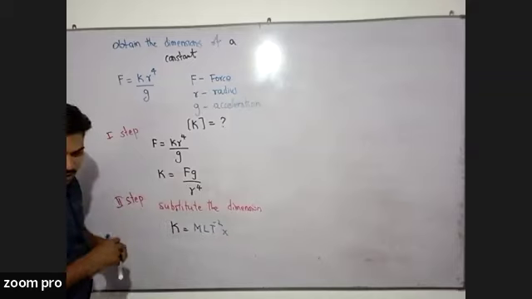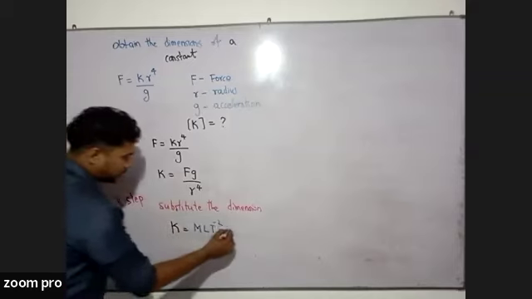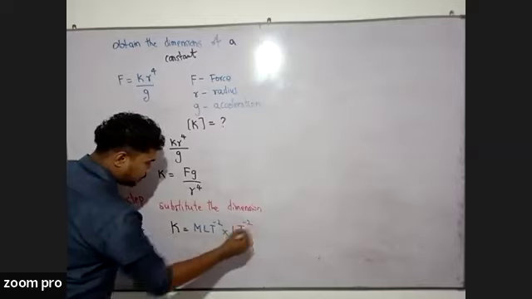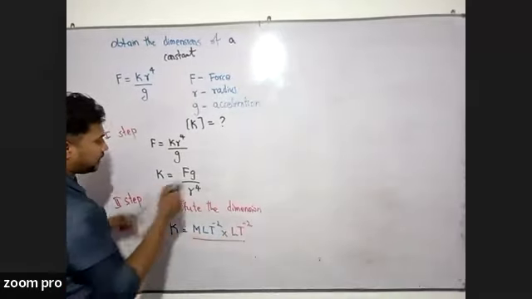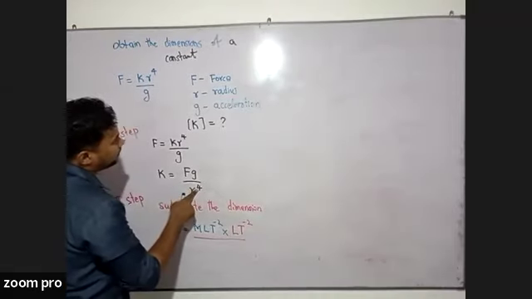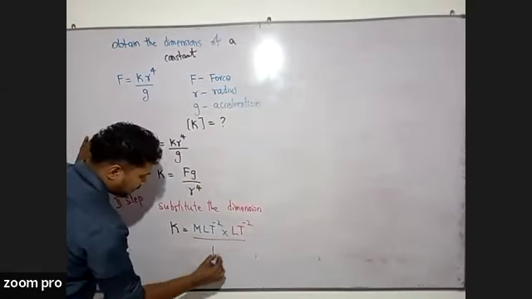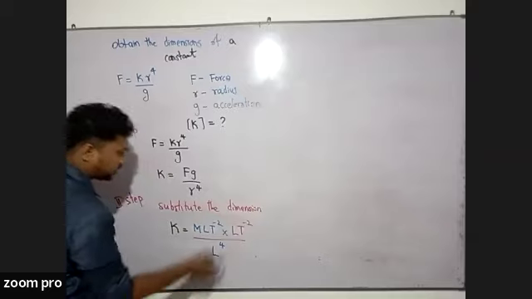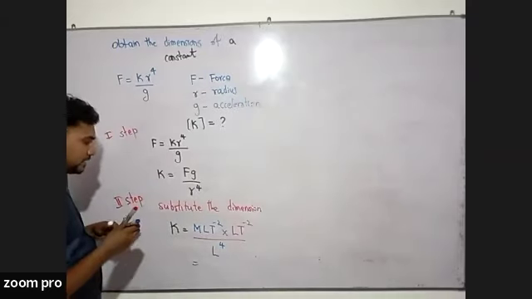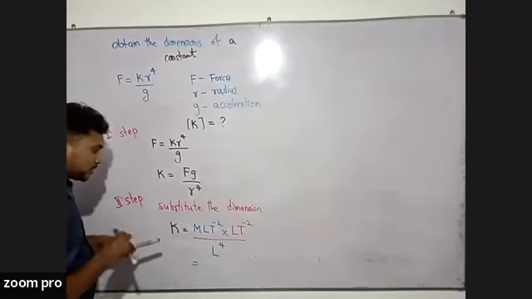G represents the acceleration, so it should be LT minus 2 over R, which represents the radius, but we have to consider the power 4, so L to the 4. This is the way that we substitute the dimensions for this given expression.